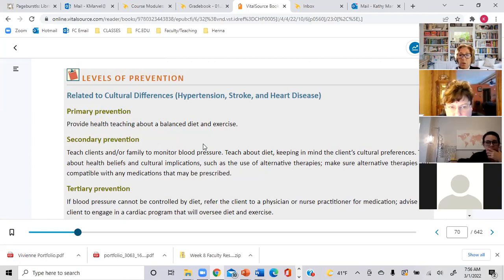So again, you're doing a screening, a survey, an assessment. Early identification. You're trying to identify who might be at risk for hypertension, stroke, heart disease. So you're showing them how to monitor their blood pressure, teaching about diet, keeping in mind their cultural preferences.